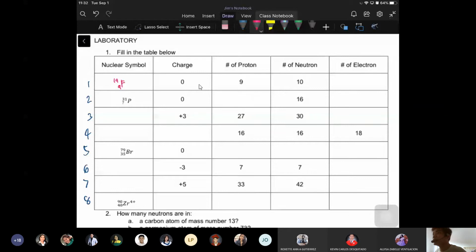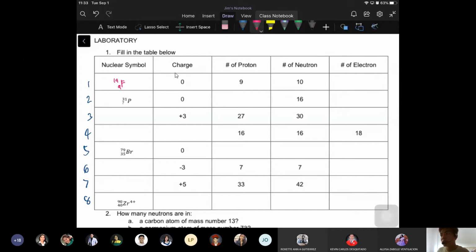Okay? Since I don't have any charges here, wala na akong ilalagay dyan. Pag 0, wag na maglagay. Pero pag positive or negative, then you have to add values on the top right. Okay. So ano pa? Number of electrons. Remember that atomic charge is the difference of your proton and electron.